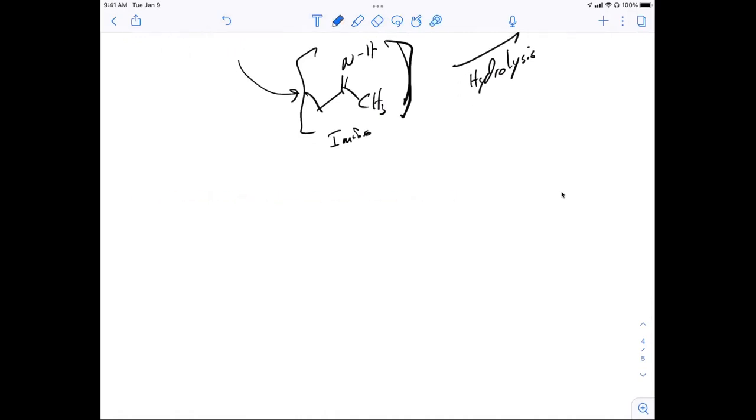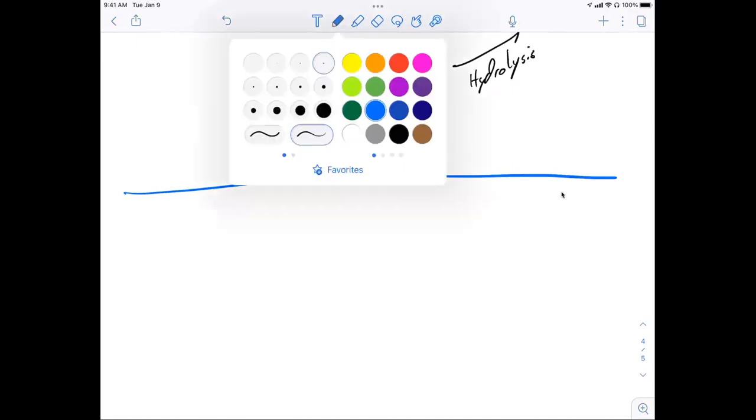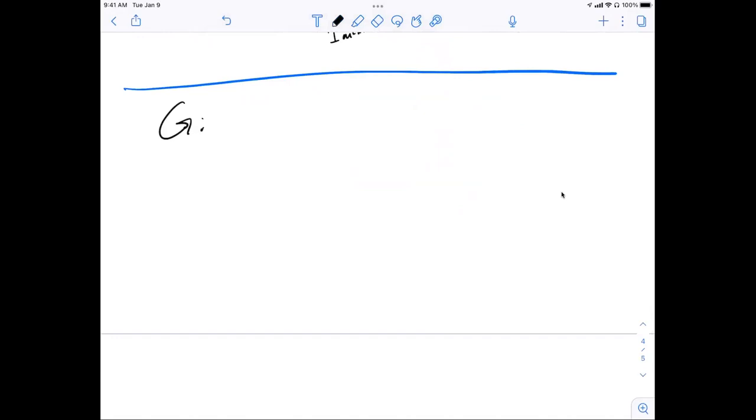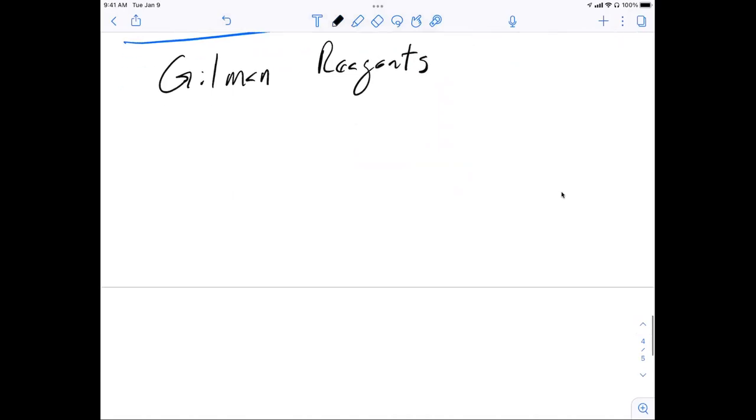Okay, so we've seen all those. Now let's go to the other one we've seen, which is our Gilman. So we're starting this chapter with some reminders. Now a Gilman, the way we make a Gilman is we take the alkyl halide, react that with 2 equivalents of lithium to make the lithium salt, right?